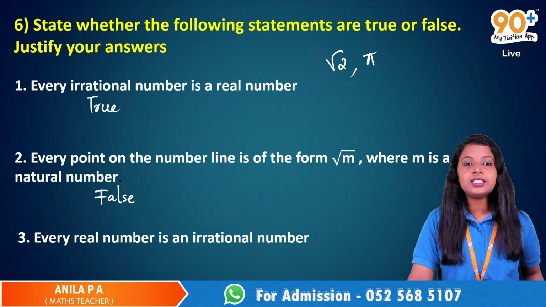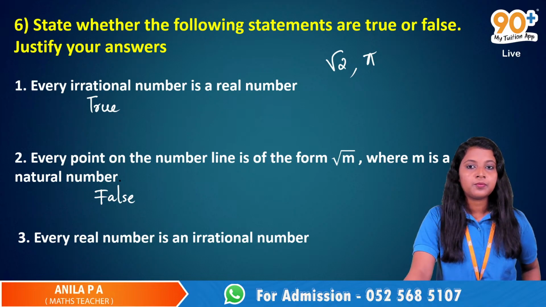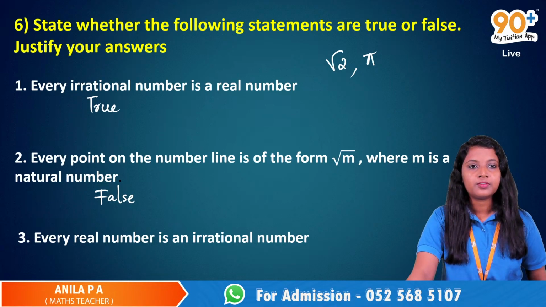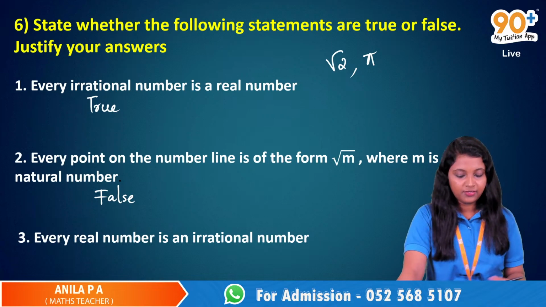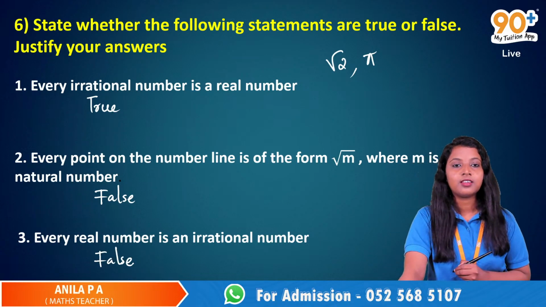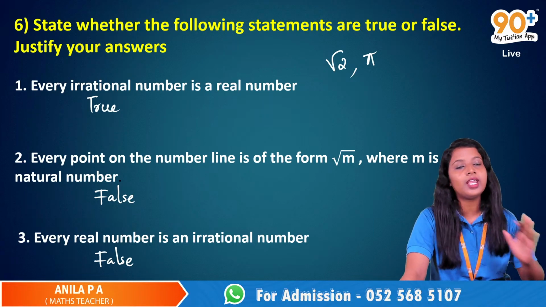Now the third one: every real number is an irrational number. True or false? Nirmal. Ma'am, it's false. Why? Because a real number is a combination of rational and irrational numbers. Yes, very good.